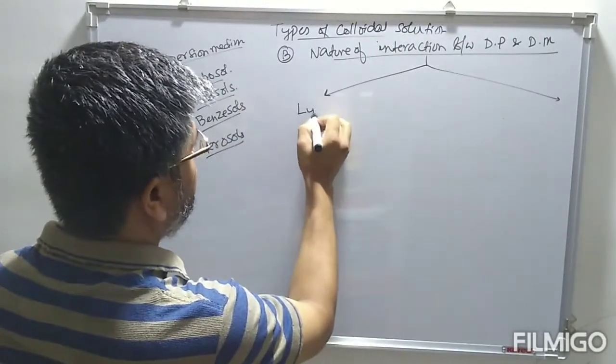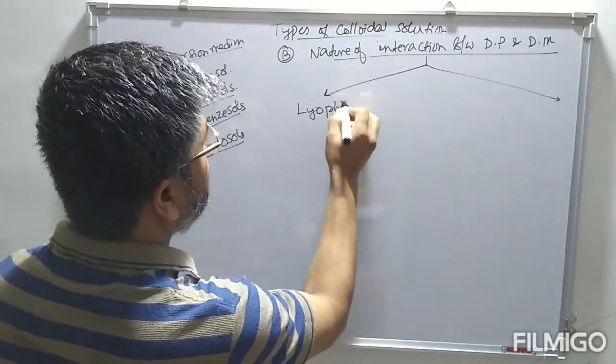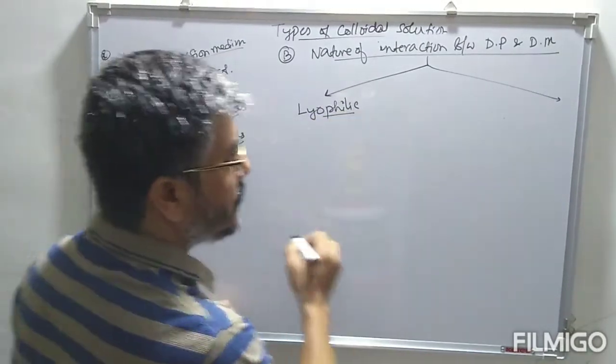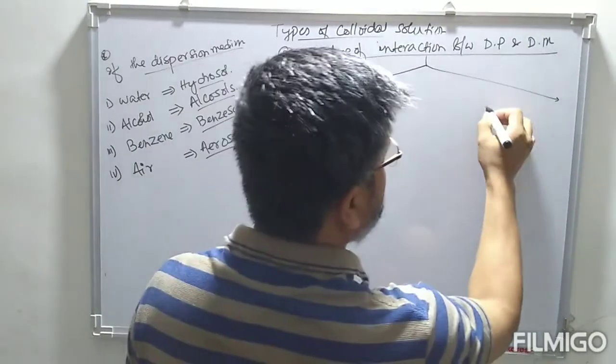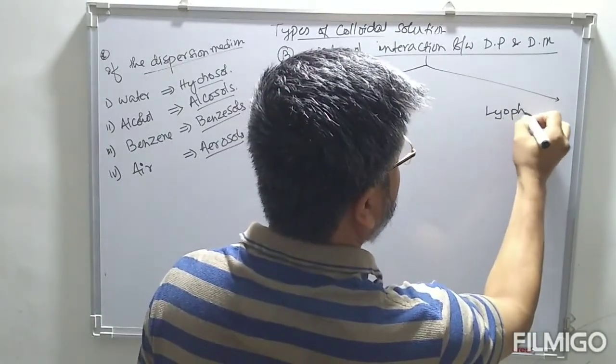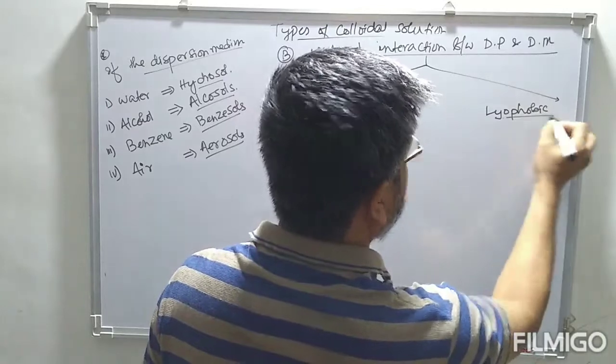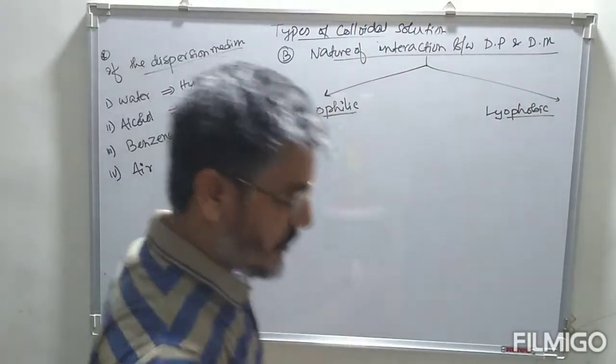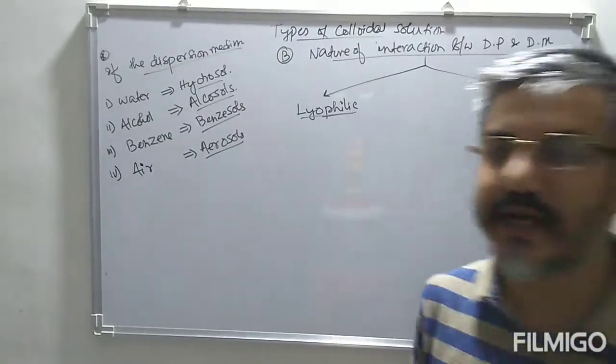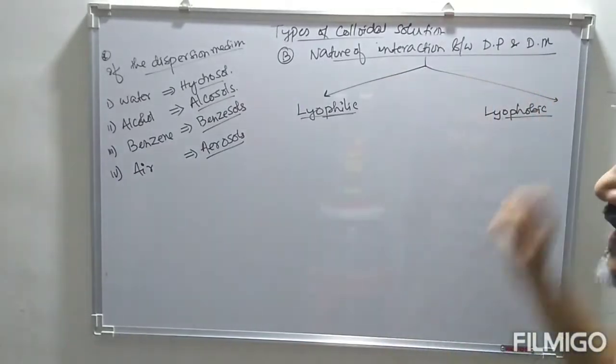One is known as lyophilic colloidal solution. The other one is known as lyophobic. So we have 2 classes of colloidal solution, lyophilic and lyophobic.